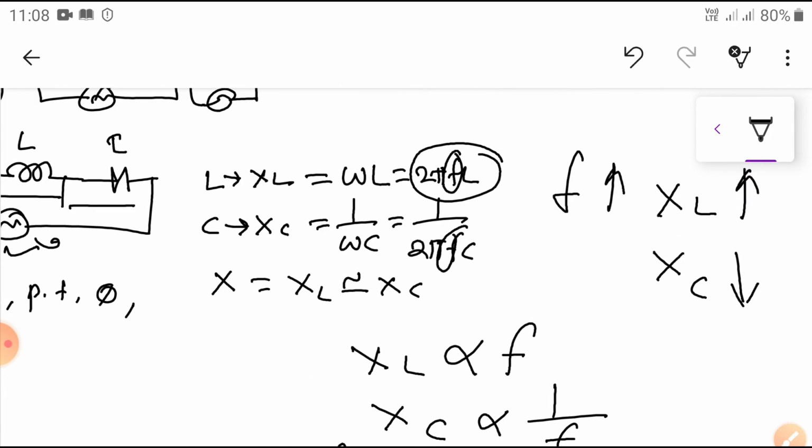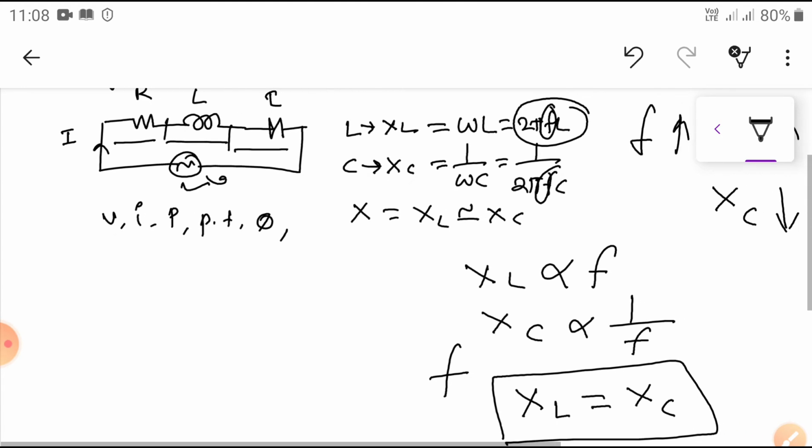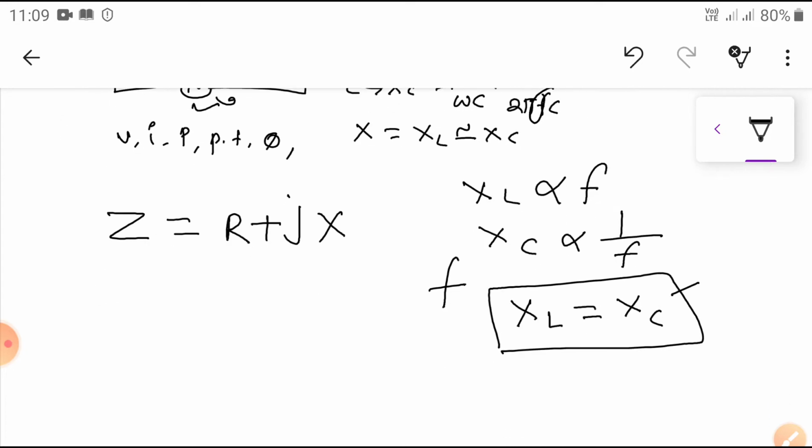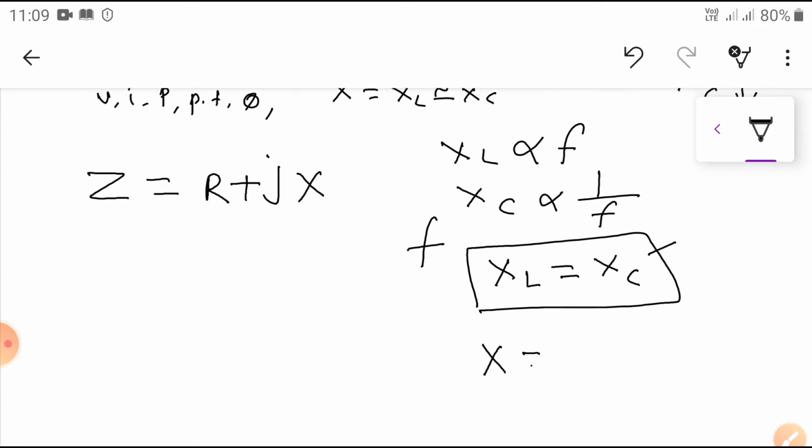Our Z value: Z is equal to the square root of R squared plus X squared, that is R plus j of X. So in this case XL is equal to XC, so X is equal to XL minus XC, and this becomes 0.